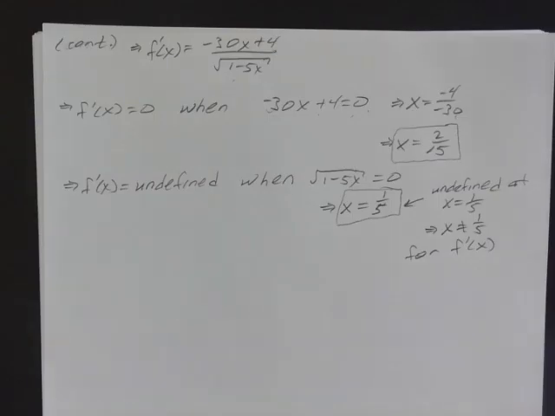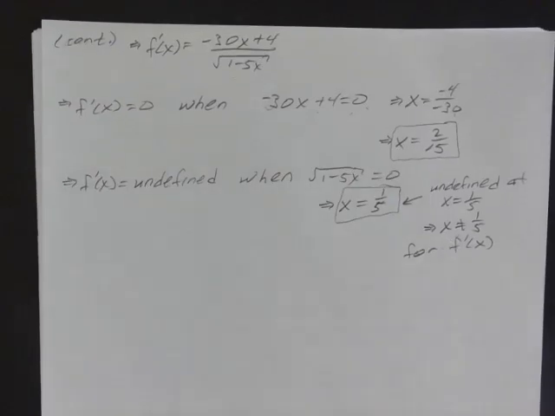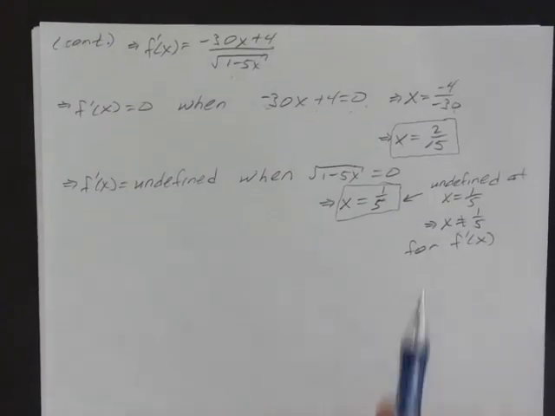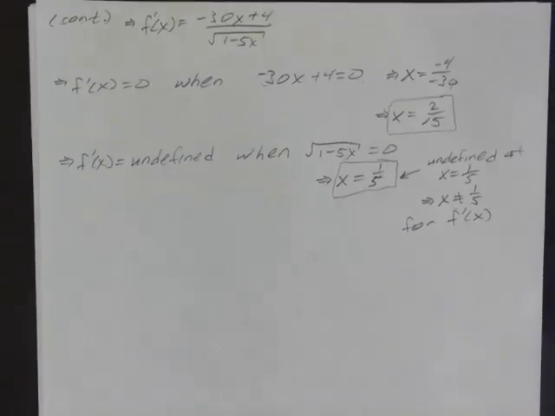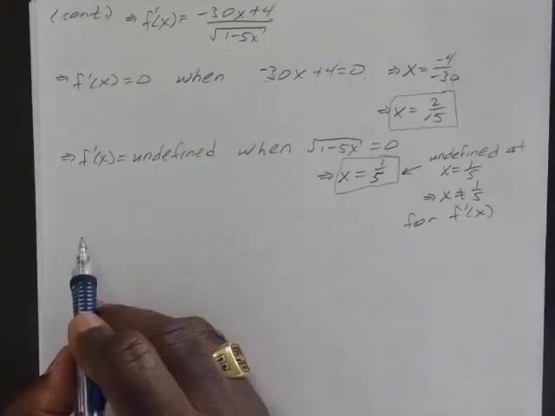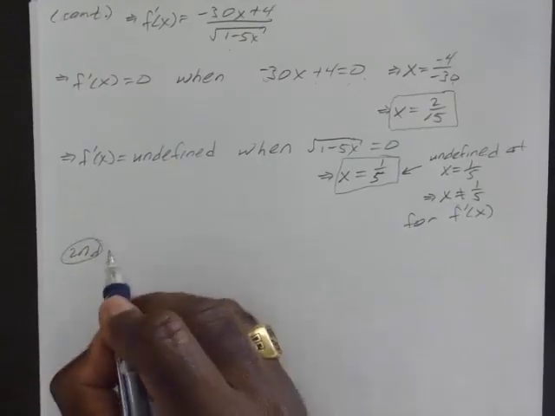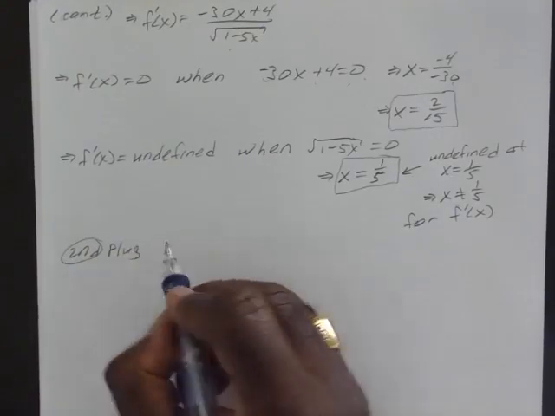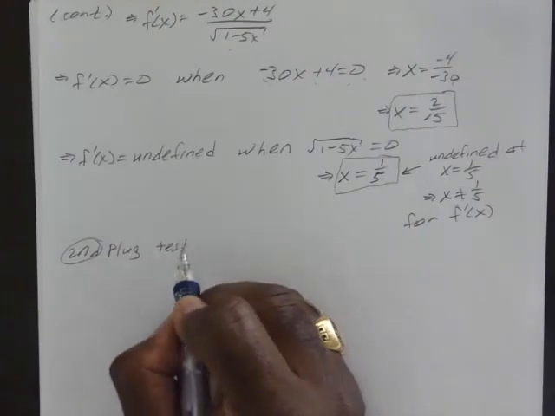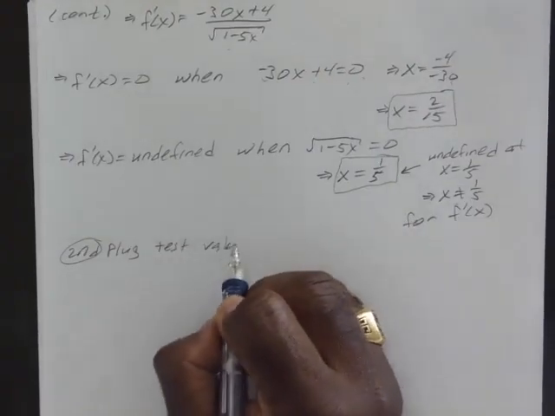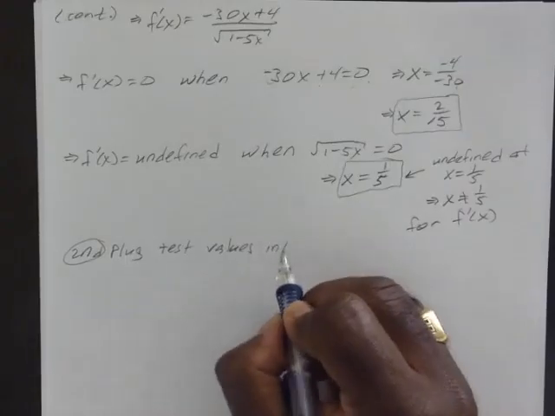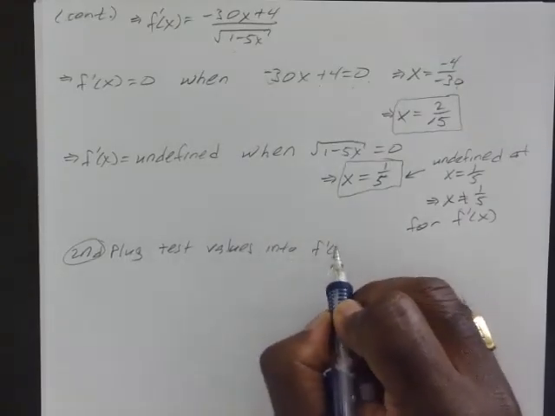Okay. So since with the first derivative test, we're plugging it into the derivative, we're going to leave that out. Now, if we were plugging it into the function, that would be just fine. And we're going to plug test values into your f prime of x.